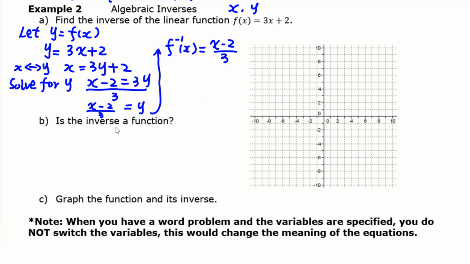And it asks you if the inverse is a function or not. From the inverse, you will see if we give x one value, you will have only one y value. So that is a function, or we could graph it.